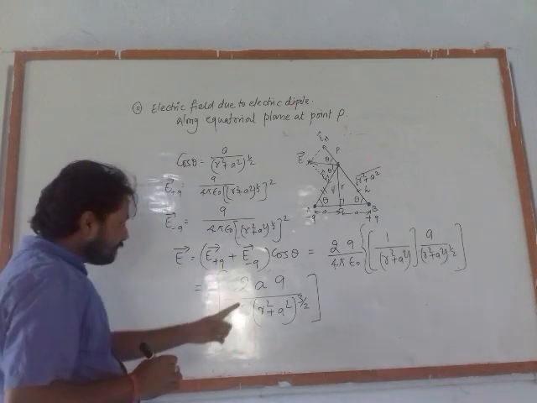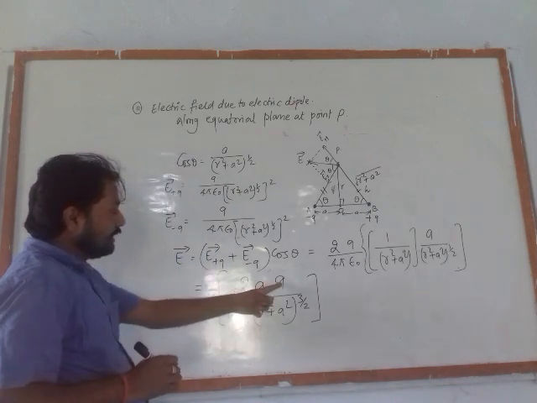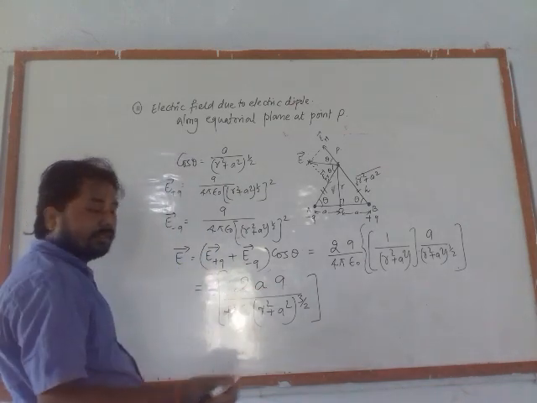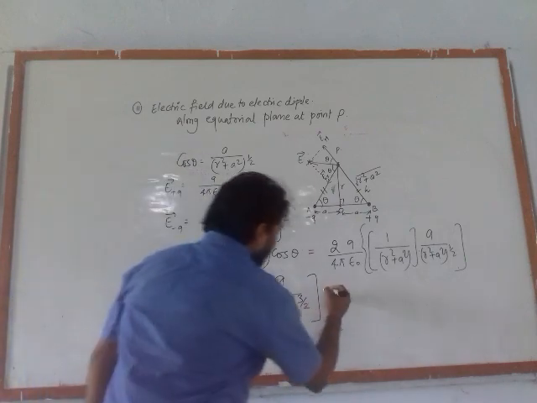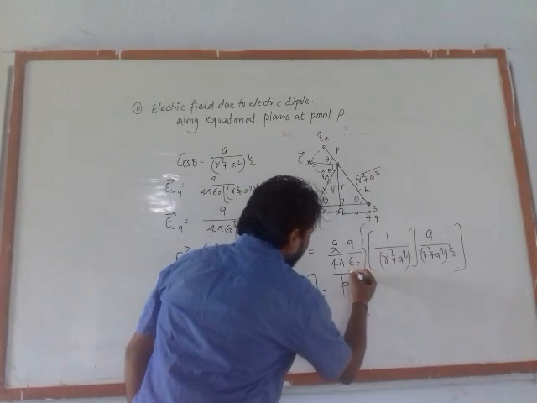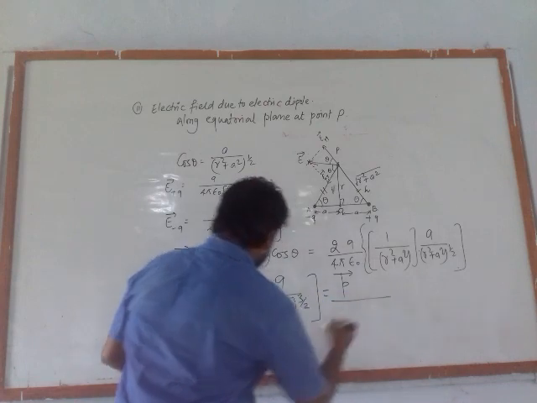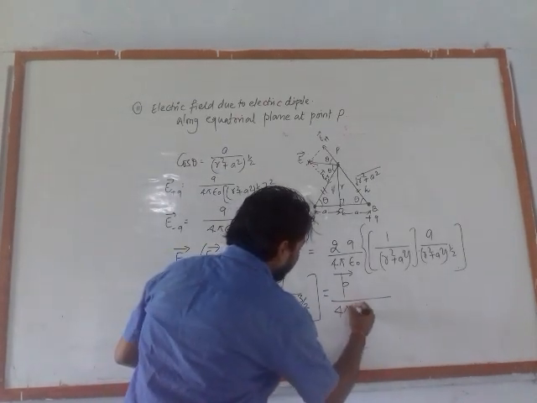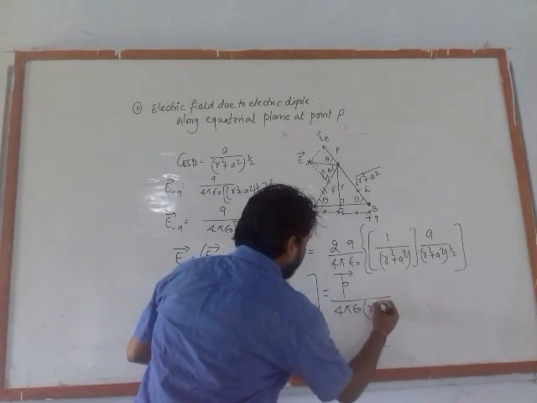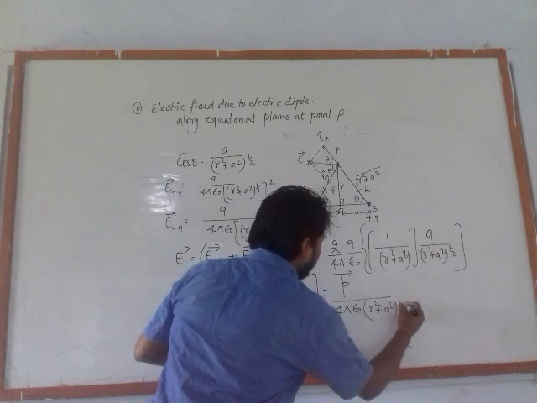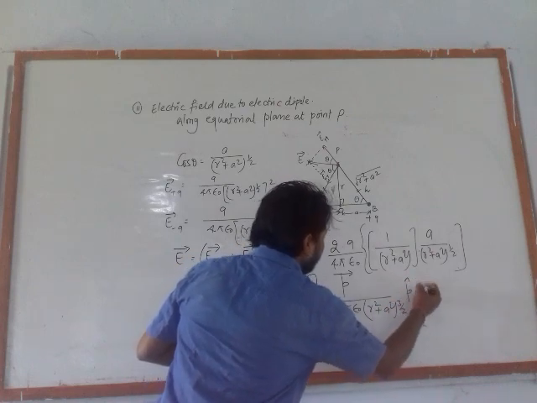So here this 2aq is again the dipole moment. So simply we can write dipole moment by 4 pi epsilon naught, then R square plus A square to the power 3 by 2, unit vector p.